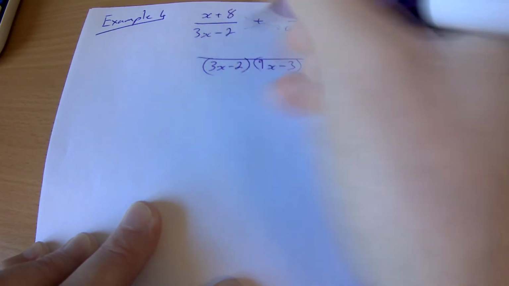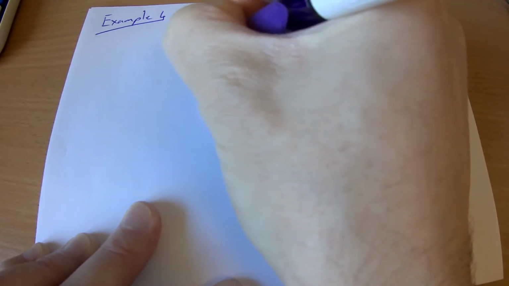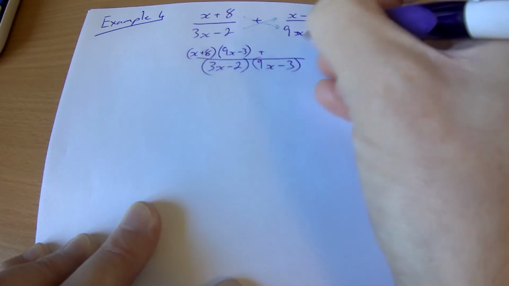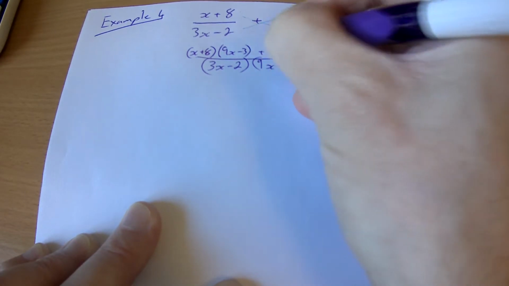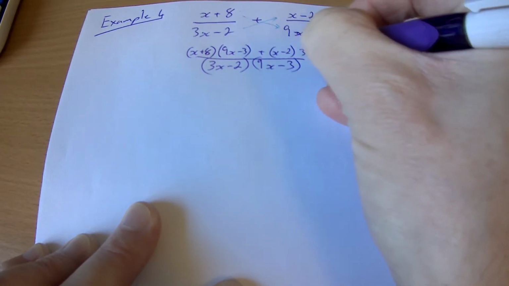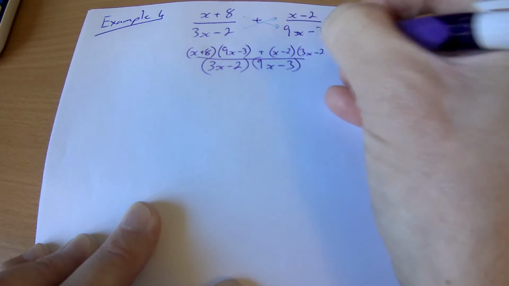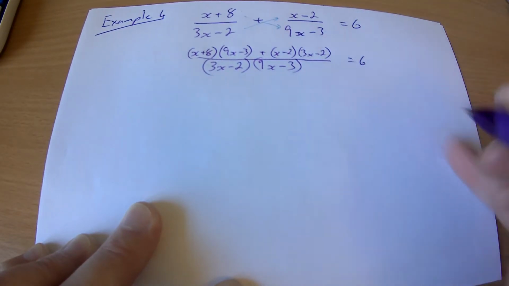So that's going to give us x plus 8 times by 9x minus 3, and on the other side x minus 2 times 3x minus 2, and that equals 6.